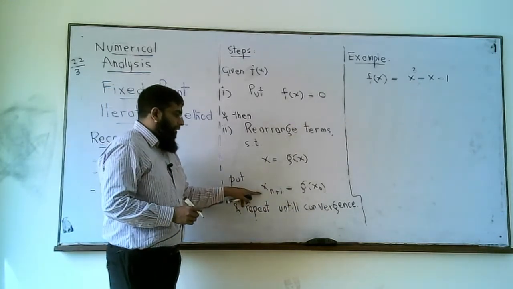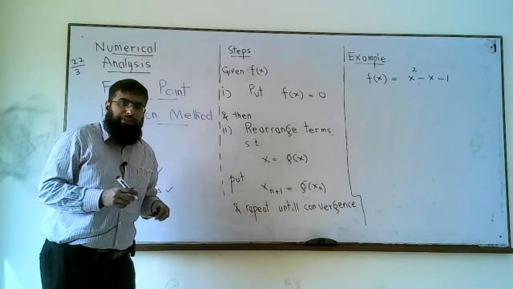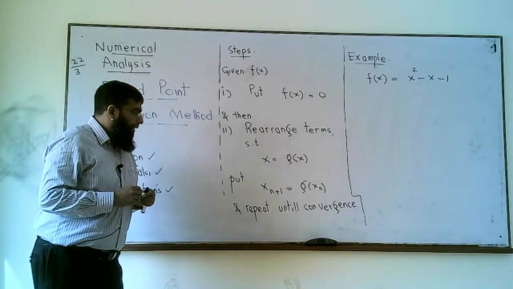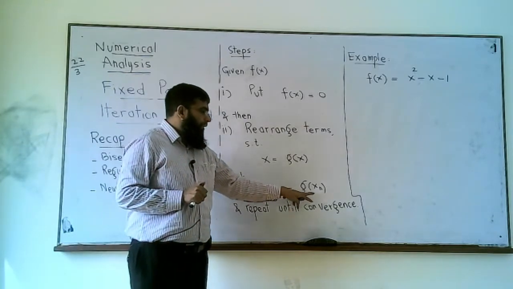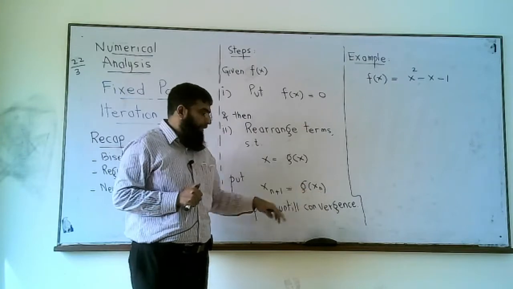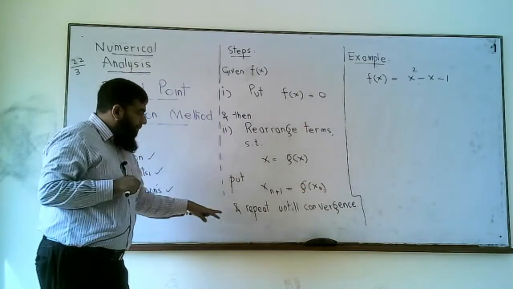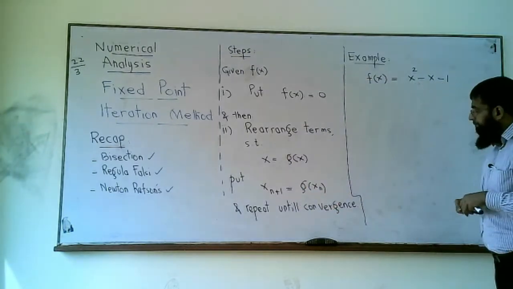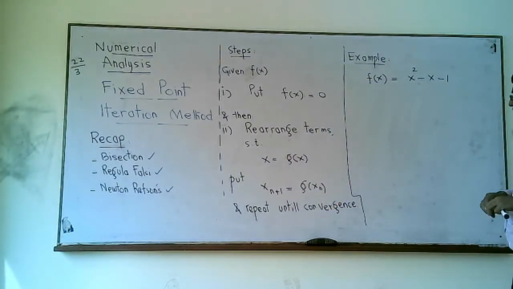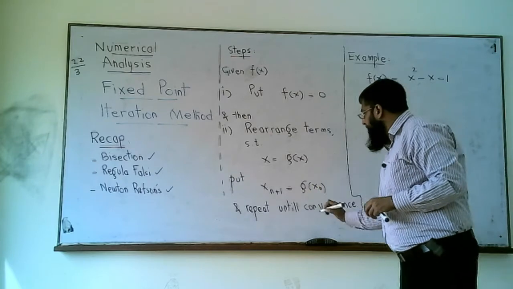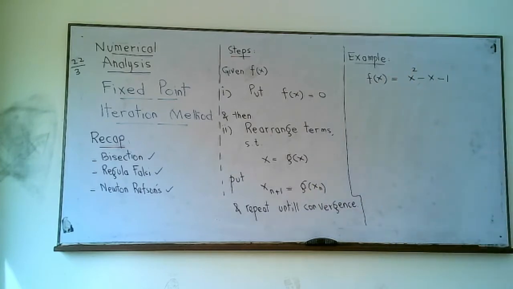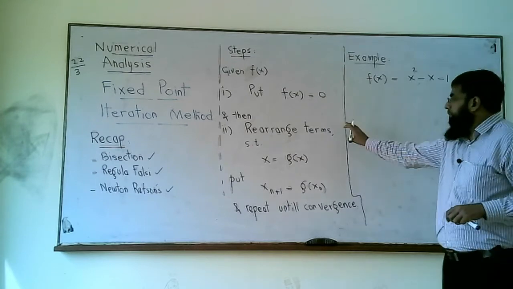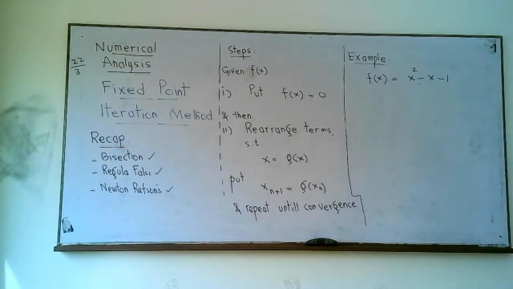This means that x at the n plus 1th iteration would be g computed at the nth iteration, and we'll repeat it until convergence. This seems a bit mathematically complex, so let's try to understand these steps further with the help of an example.